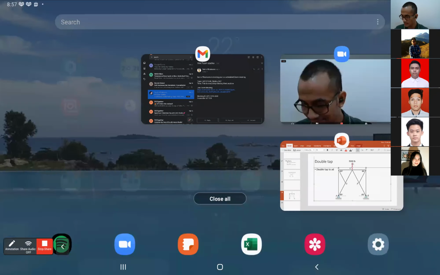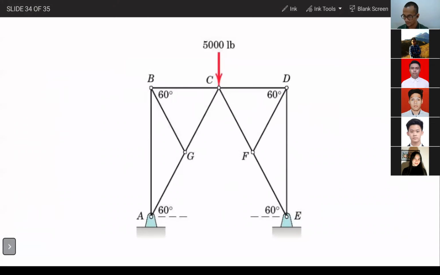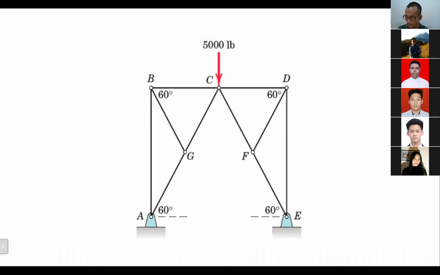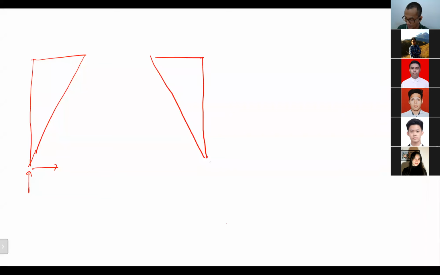Okay, this one. Just now I told you, right? We can divide this into two free body diagrams like this. And then this one as well. Like this. These are the external forces.